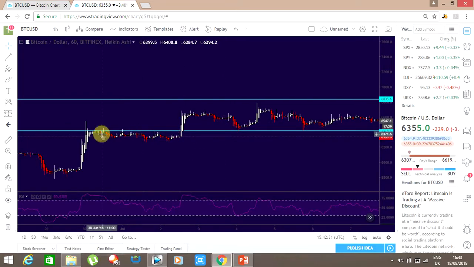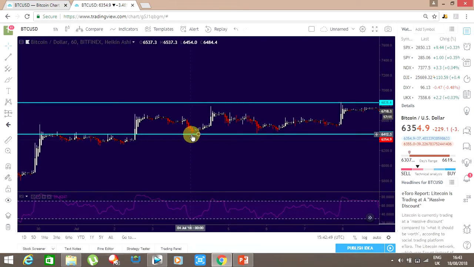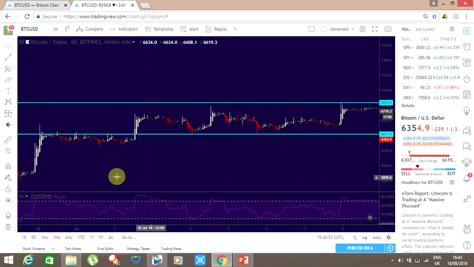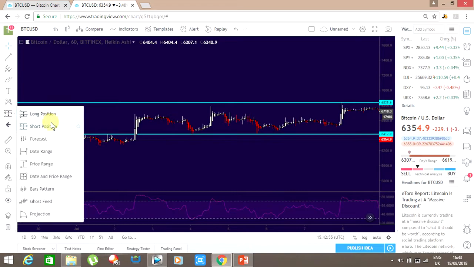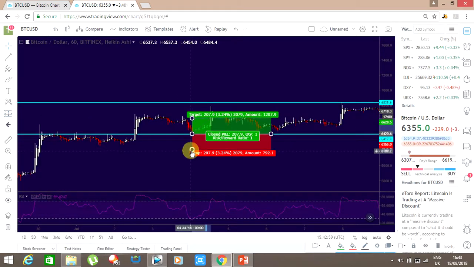Now, because this was such a strong resistance level, you can play this as a trade here. You can be pretty certain, to an extent, that you're going to get a bounce off this support level because it was such a strong resistance level previously. So if you were to take this trade here based on your inkling that we're going to get a bounce off it, what you would have done is gone long here on that wick rejection.